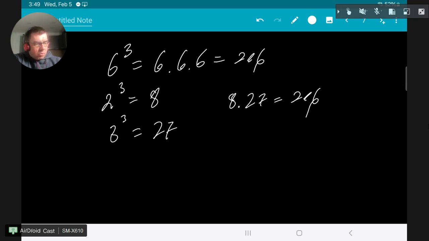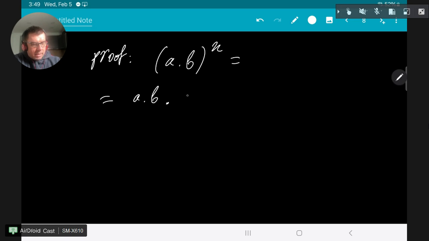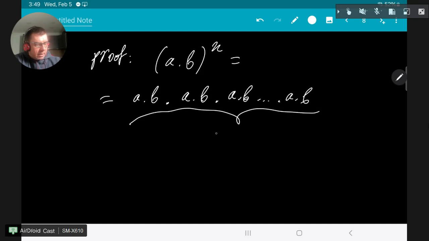If I want to prove it in the general case, a times b to the power of n by definition is a times b times a times b times a times b and so on, a total of n times, and then I simply rearrange the terms.